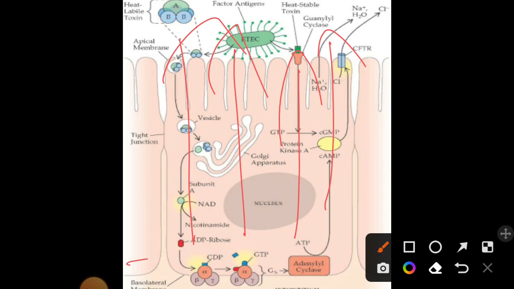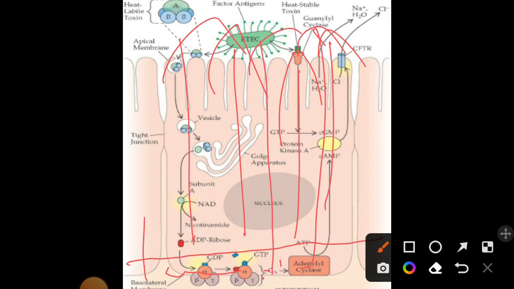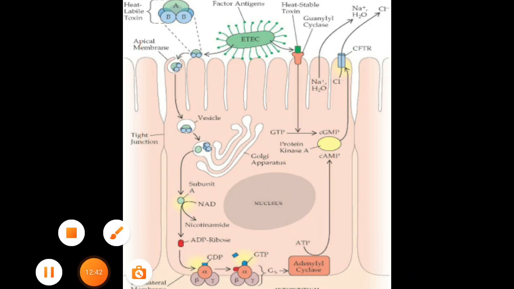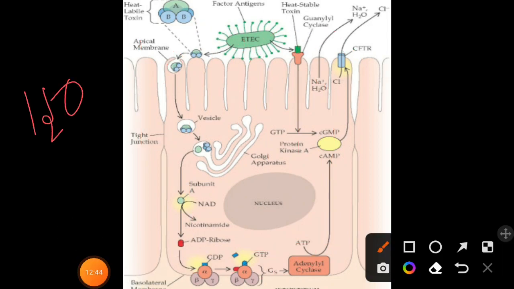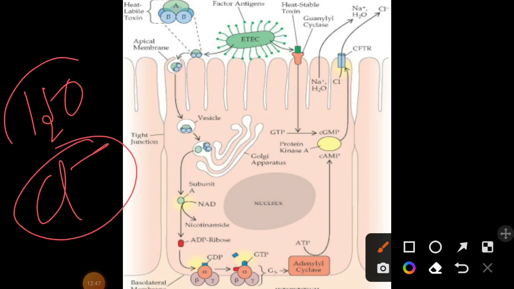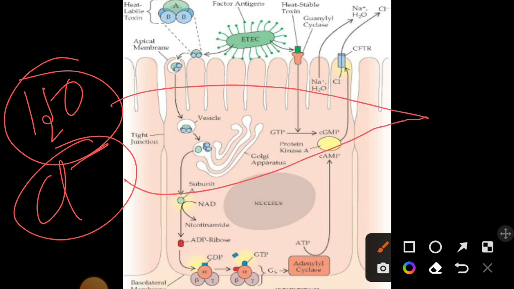Not only from the intestinal epithelium, but also from the blood vessels present below. From the blood vessels, water is also evacuated. As a result, you can see that a large amount of water and chloride ions are lost from the intestinal epithelial cell, and that facilitates the situation we call watery diarrhea.